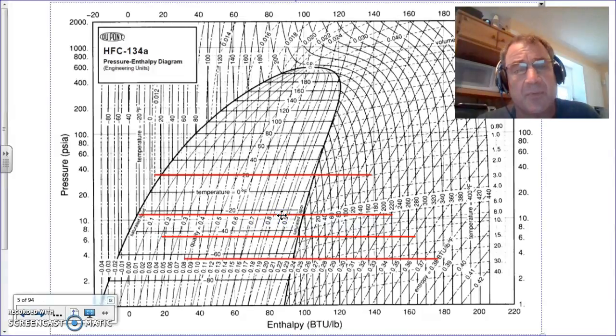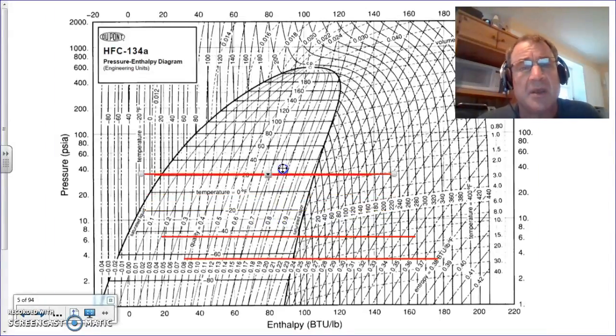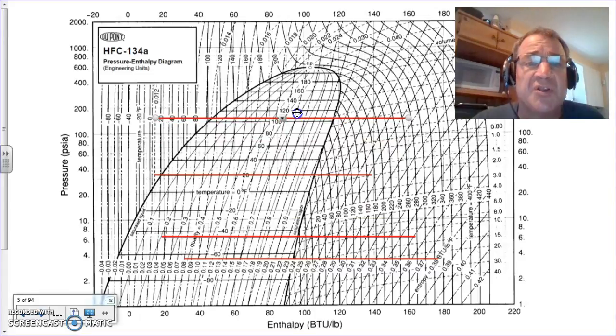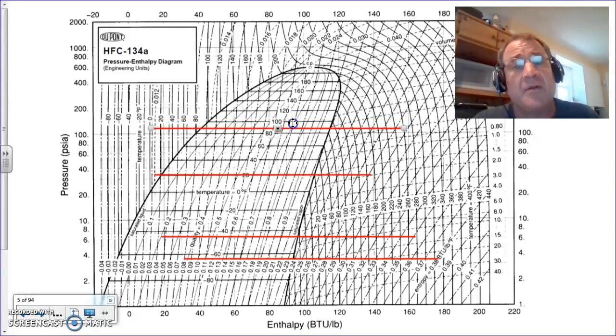Now, if we're designing our system to operate at design conditions for New Brunswick, the summer design temperature for New Brunswick is around 85 degrees Fahrenheit.